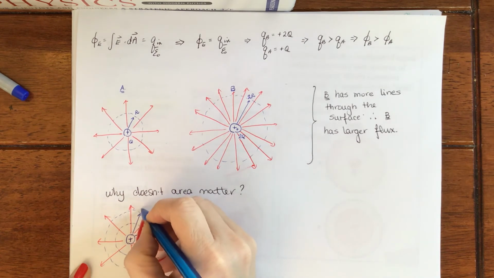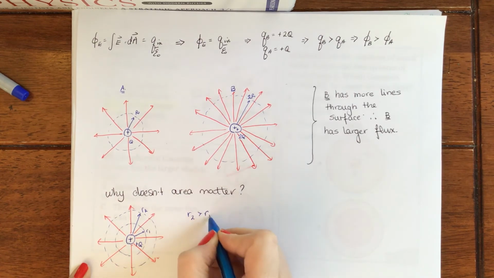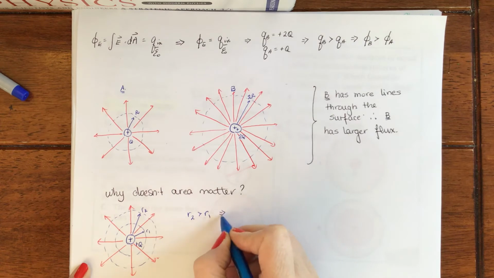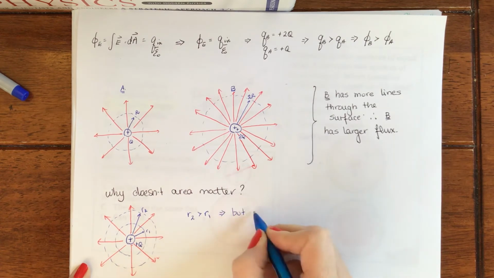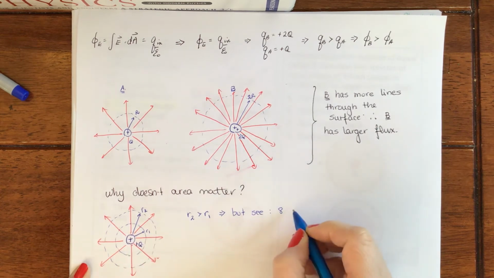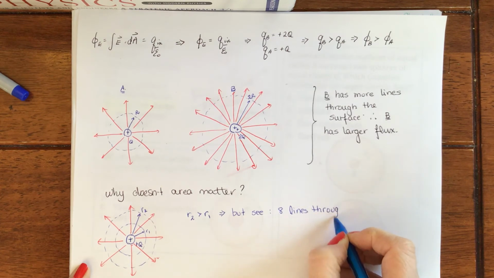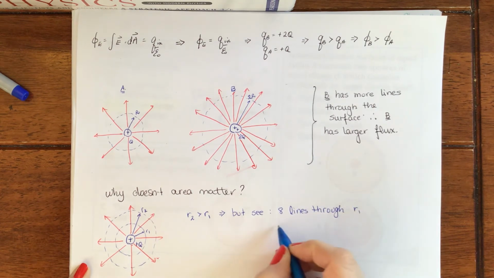We see that R2 is bigger than R1. But we also see 8 lines cut through the first surface, and 8 lines cut through the second surface. They have the same number of lines.